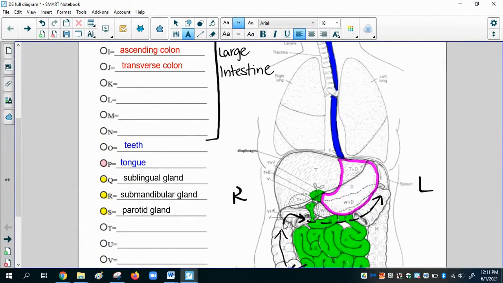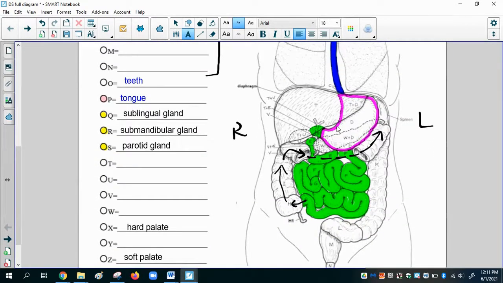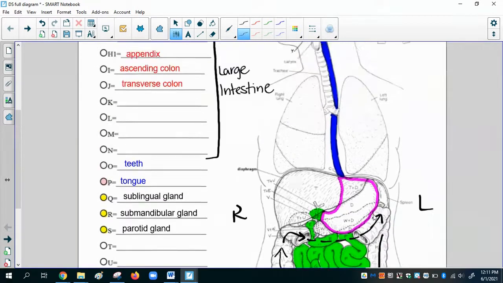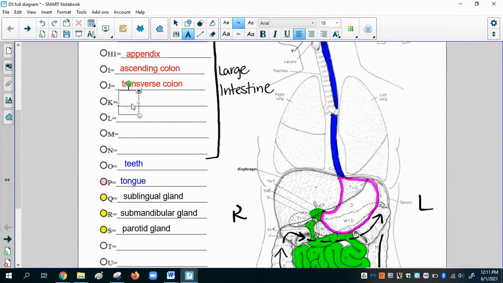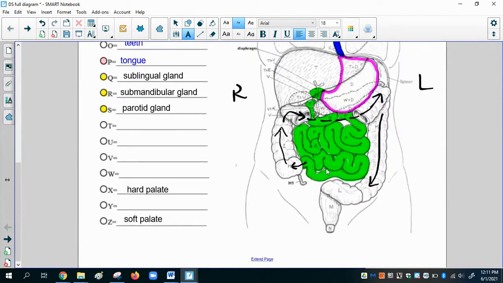So we have the ascending colon, the transverse colon, and now look at what direction we have to go. The feces is now going to move downward. So this section here, letter K, is known as the descending colon, because descending means to move downward. Now, it's often really difficult to illustrate this next section of colon in a diagram accurately, but what we're doing is we're taking the feces from this position here by the left hip.